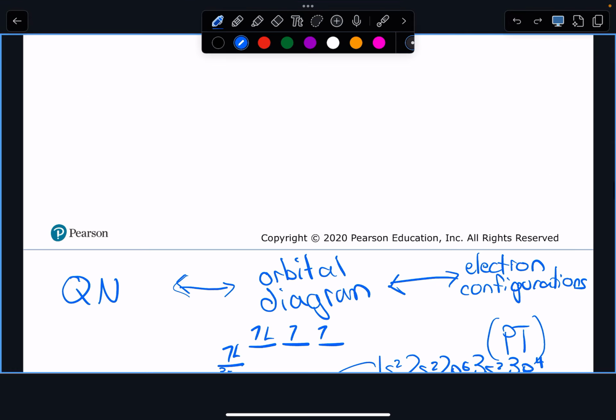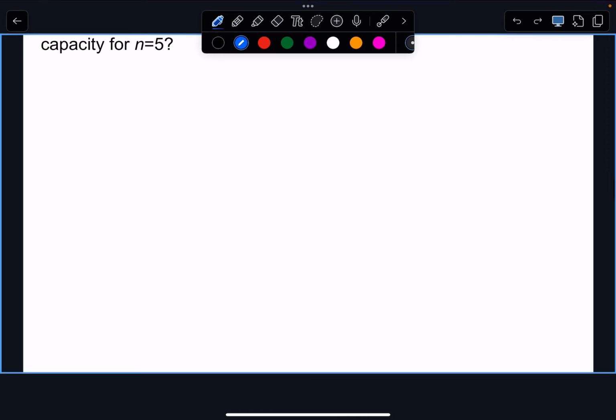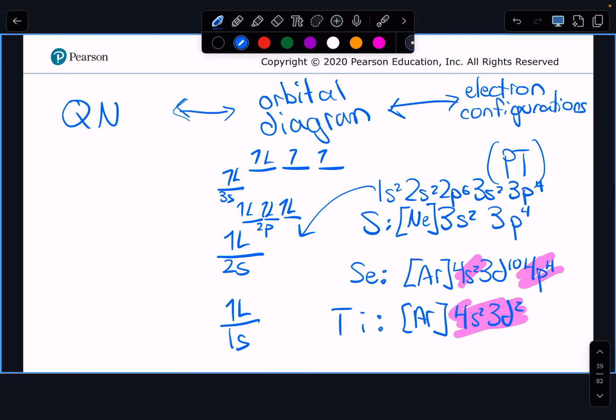So when we talk about the quantum numbers, let's just do a quick recap on the first 3 and what values they can have, what it means, and then how that translates into the orbital diagrams and the electron configurations. Okay, so now instead of starting from the periodic table and working, we're going to start from the end and work forward, just to show you they're all connected and there's different ways to get to the right answer.